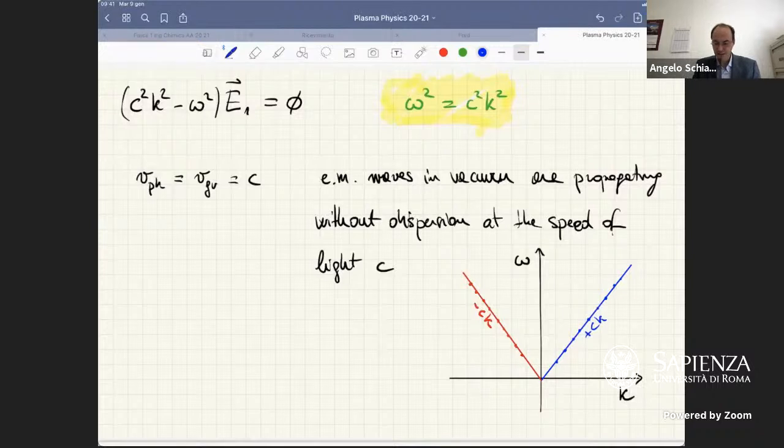This is the part of progressive waves going along the k direction, so plane waves moving at the speed of light along the k direction, and the other ones are representing waves propagating in the opposite direction. Okay, and as we see, since the group velocity and the phase velocity are constant and are the same, we recall the fact that vacuum is a non-dispersive medium.